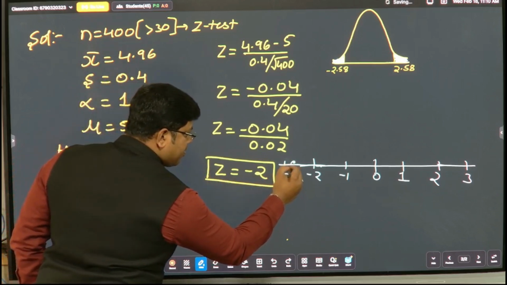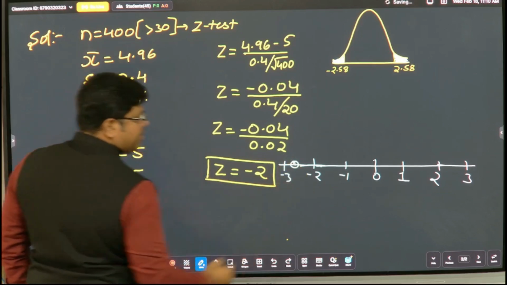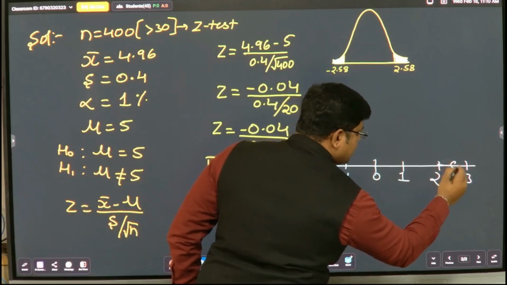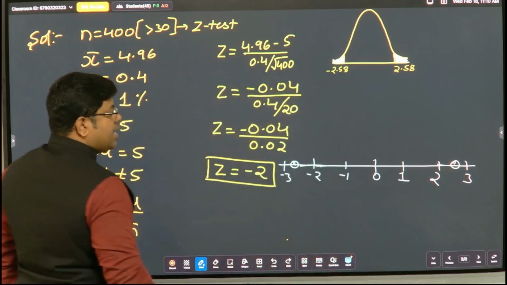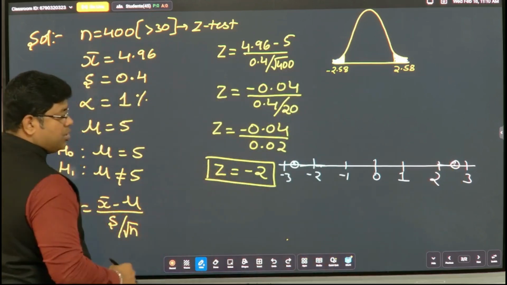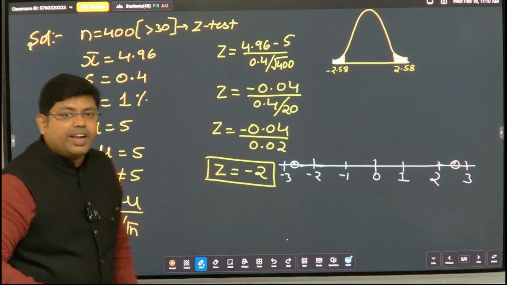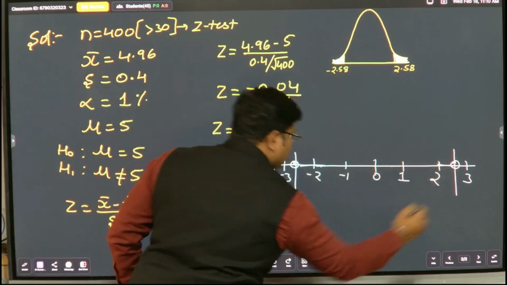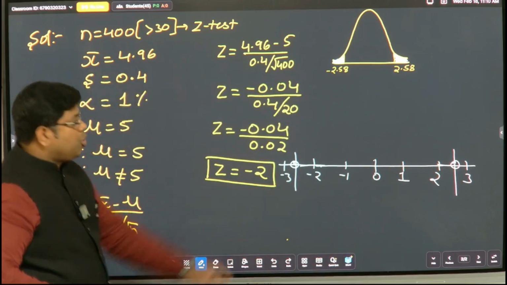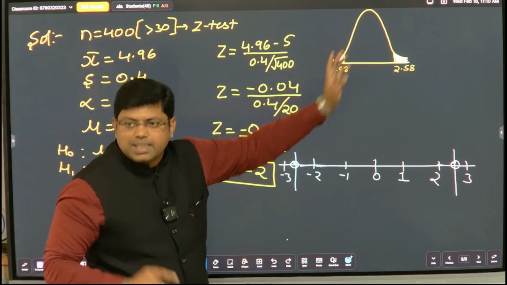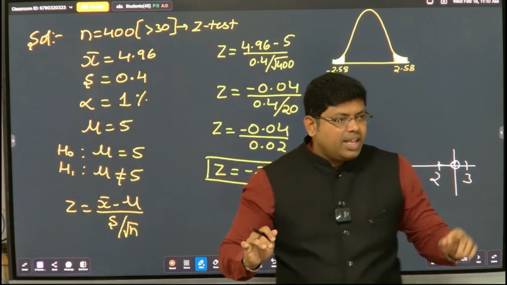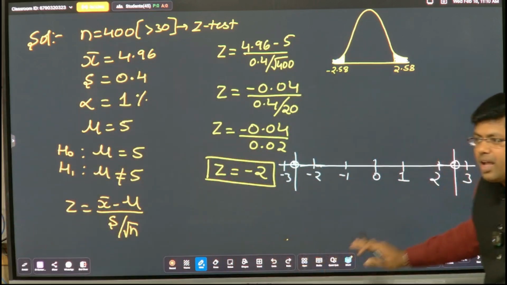Somewhere here. Plus 2.58 comes somewhere here. Okay, tell me now, the answer is minus 2, where does it come? Between these two, minus 2 comes. So here, what is this? Acceptance region. Will you agree? Everyone understood the concept? Right.